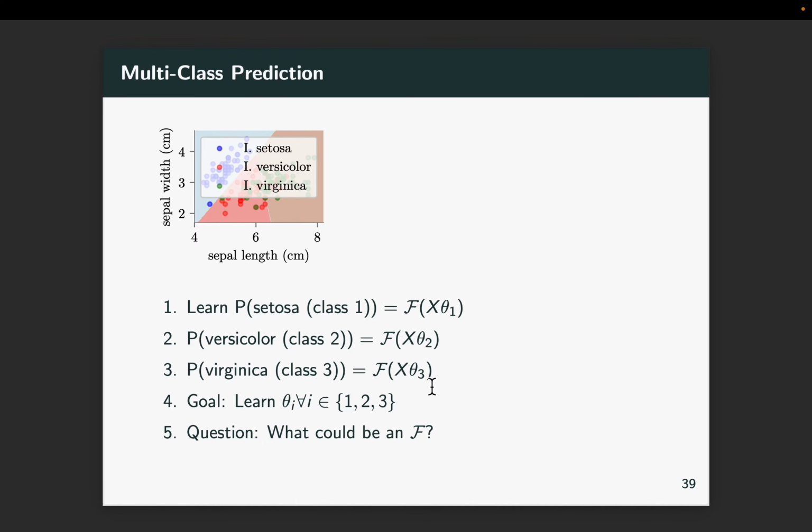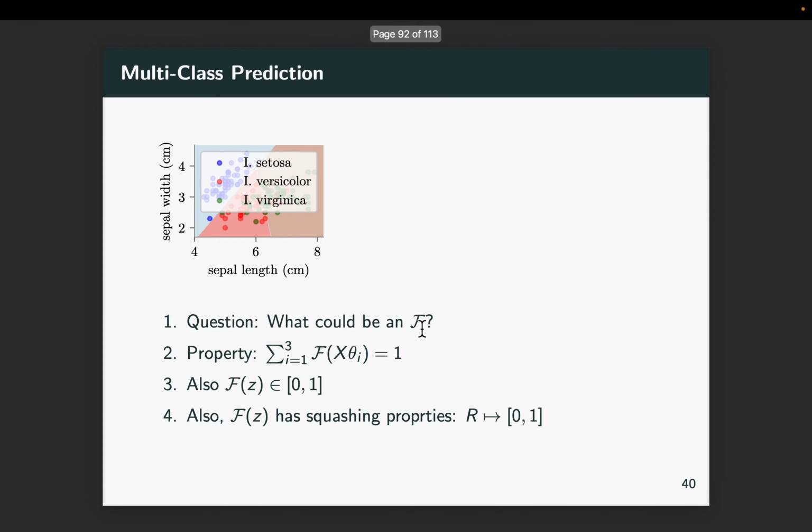The important thing we have to know is what this function f could be. One way to think about this function f is to use the rules of probability, which we also discussed briefly when we were discussing binary logistic regression, where we use the sigmoid function. The probability of class 1 plus probability of class 2 plus probability of class 3 has to be 1.